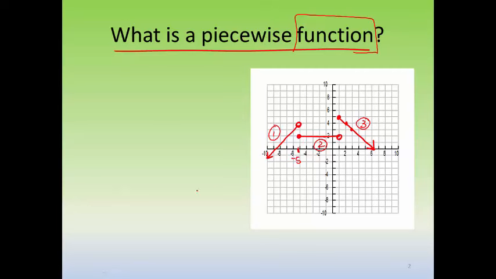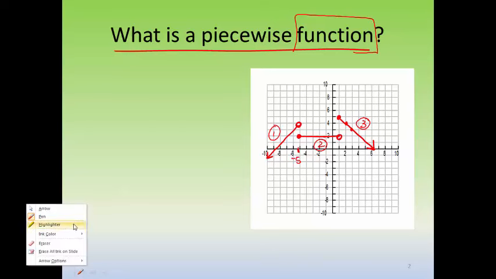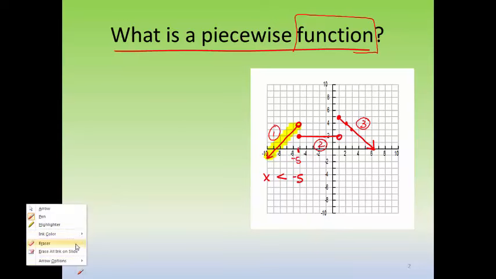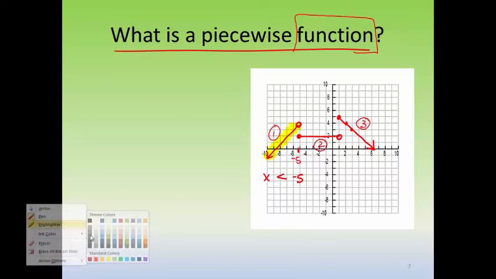Notice for this piece over here, I'm going to highlight it for you. For this particular piece, we're talking about all the x's that are less than -5. For the piece in the middle, let's get a different highlighter.